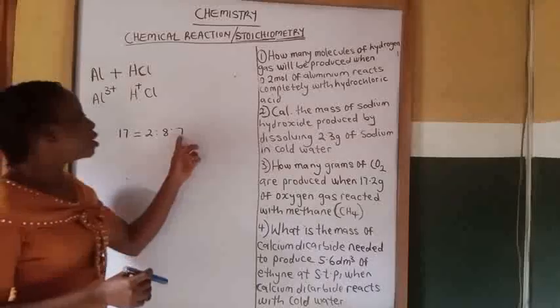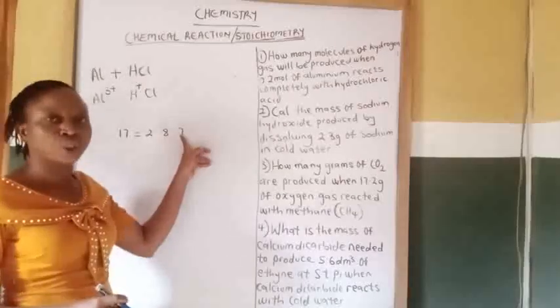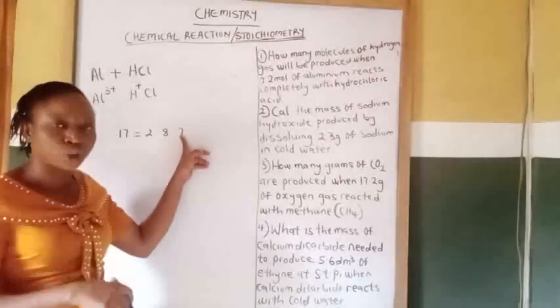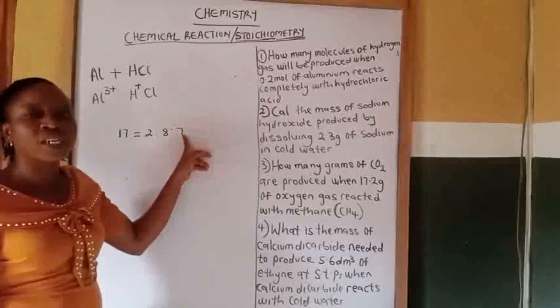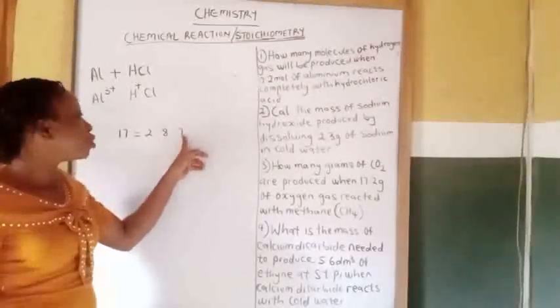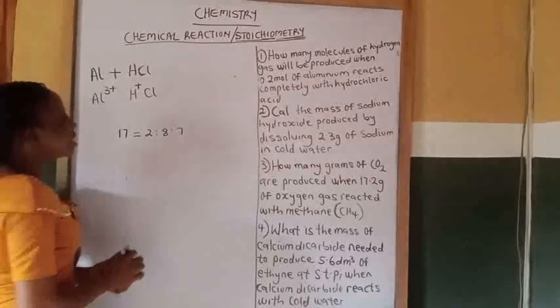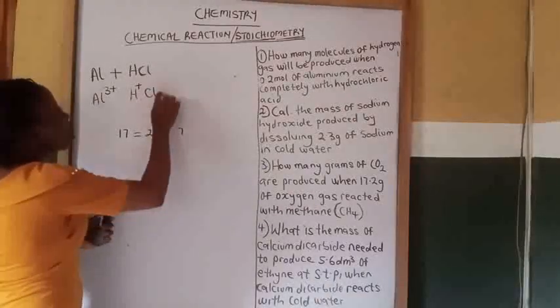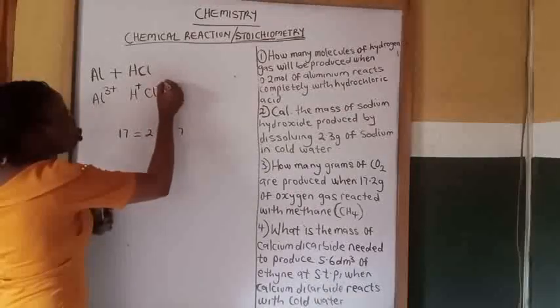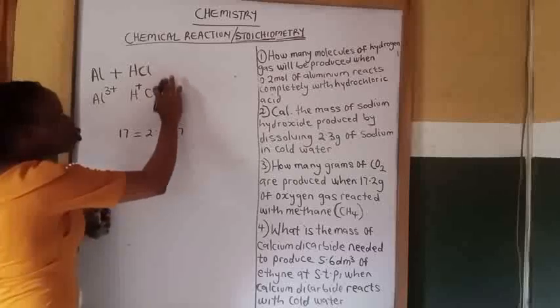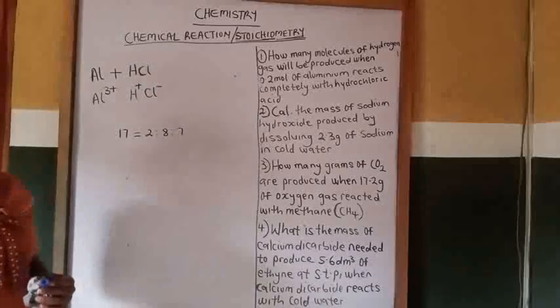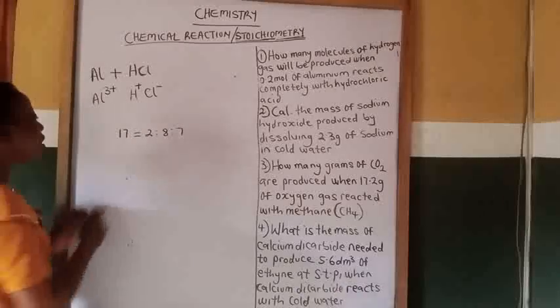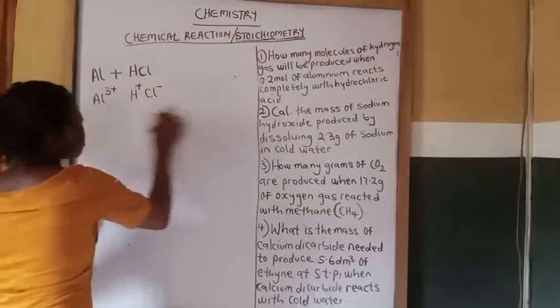Those elements with 7 valence electrons need one more electron to balance that outermost shell. So it shows that the charge on chlorine will be -1. But we don't always write it as -1, it's minus. This minus means -1.